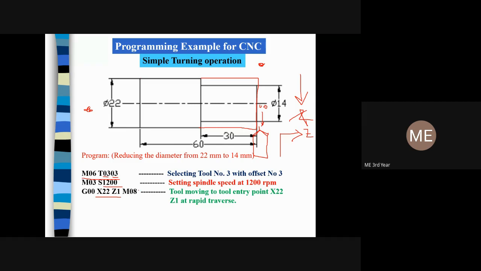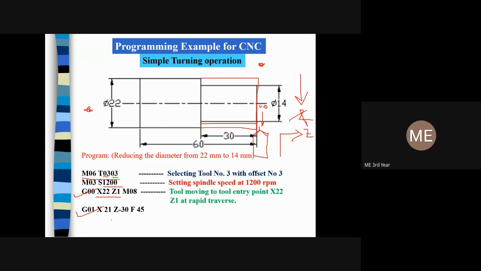So now I will move to X21 Z minus 30. So Z negative is this side, so my turning operation will be like that. I have given a 0.5 millimeter depth of cut, so 1 millimeter in diameter per pass, it will remove the material. Accordingly, I need to change my coordinate point. So for the turning, I only need to mention the coordinate point, nothing more than that.